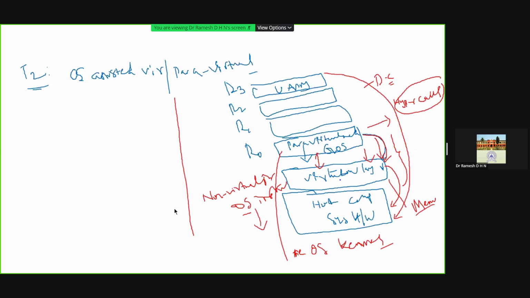Now, how is para virtualization different from full virtualization? In full virtualization, the unmodified operating system does not know it is virtualized, and sensitive operating system calls are trapped using binary translation.